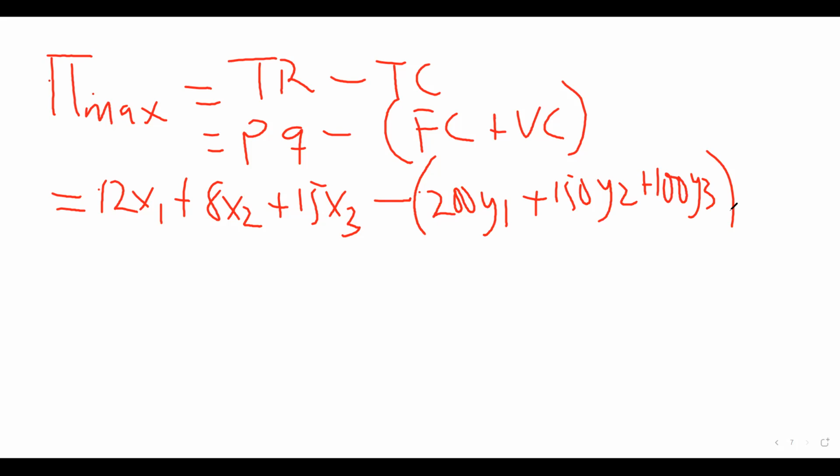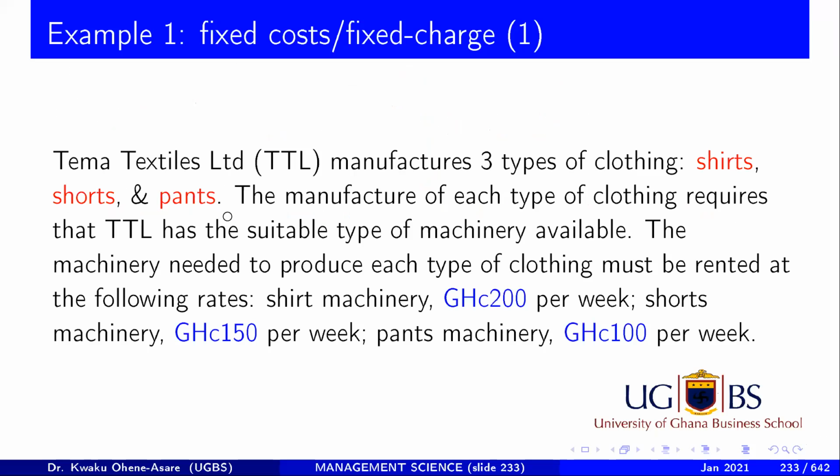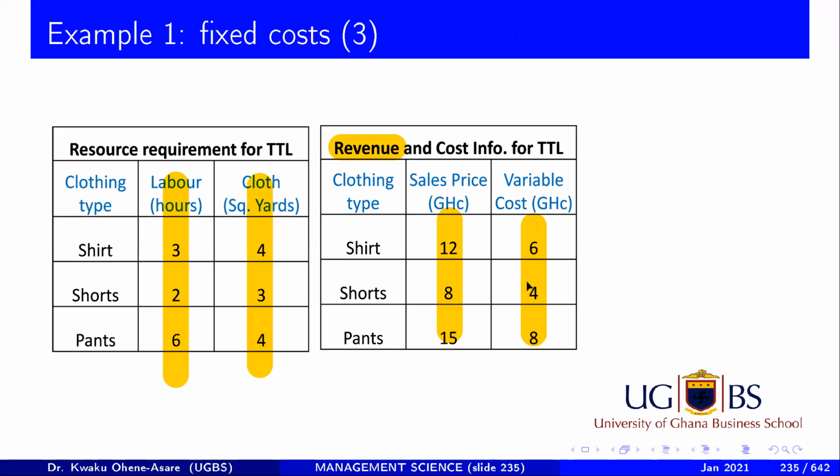Then there's a variable cost part. Watch it here. The variable cost should be captured. So you have minus the variable cost. The variable cost here means it depends on the x's, the level of production. And they were actually given in the table. Go to the table here. See this section, variable cost here. Yeah, that's it. So you have 6, 4, 8.